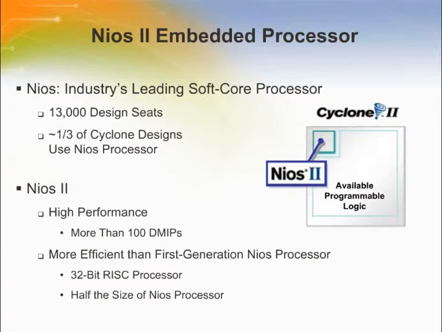Cyclone II devices support the Nios II embedded processor, which allows you to implement custom-fit embedded processing solutions. Cyclone II devices can also expand the peripheral set, memory, I/O, or performance of embedded processors.